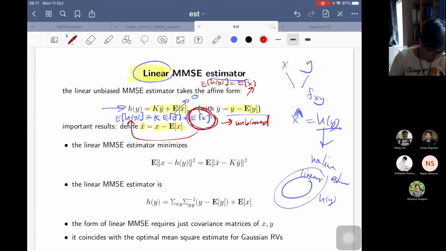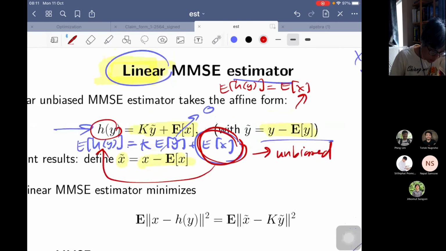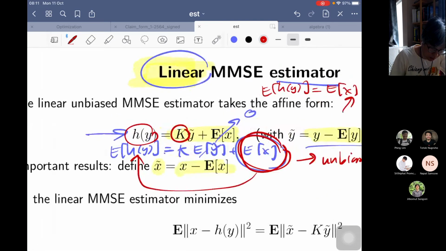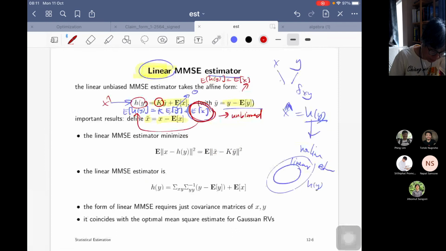Now we just plug it in. We aim to design h of y to have the minimum MSE. So the only thing that we can manipulate is the gain K. It's a constant. K is a matrix. The size of K is just the dimension that makes the dimensions of x and y compatible.